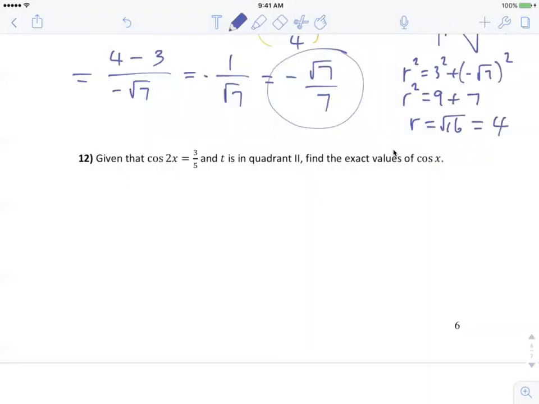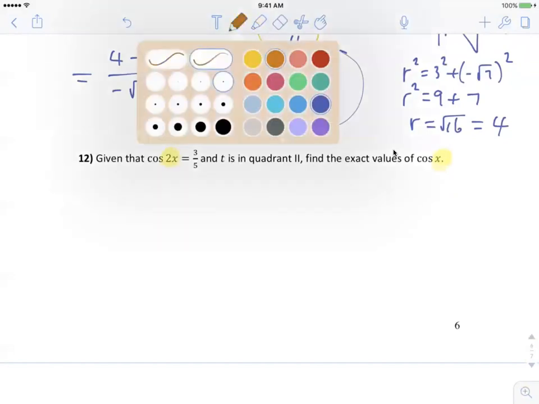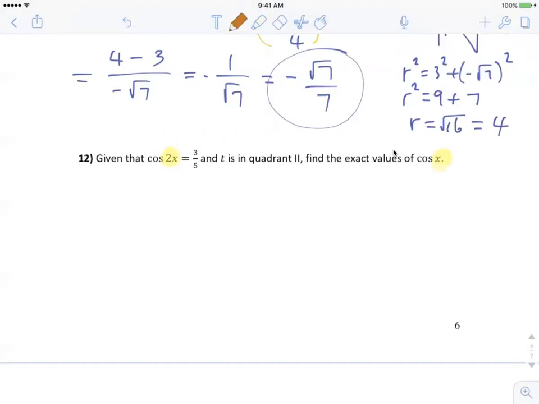Okay, let's do this last one. This one, we've got our angles 2x here and x here. Right, we're given the cosine 2x, find the cosine x. Notice that x is half of 2x. So I can use a half angle identity. If it helps, let's do a little substitution, right?